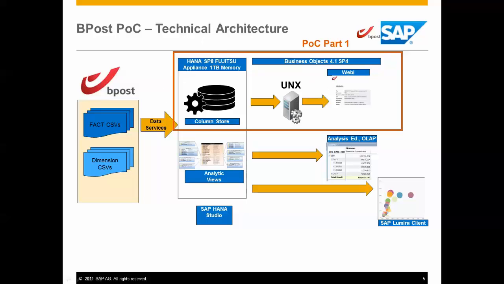On top of that was the Business Objects 4.1 Business Intelligence Suite using a Unix universe to connect to the data that we loaded into HANA. Additionally, we created analytical views in HANA, which can be used by various tools within the Business Intelligence Suite to do operational and OLAP analysis that you see over here. One of the techniques to do so is SAP Lumira, which you will see later in this video.